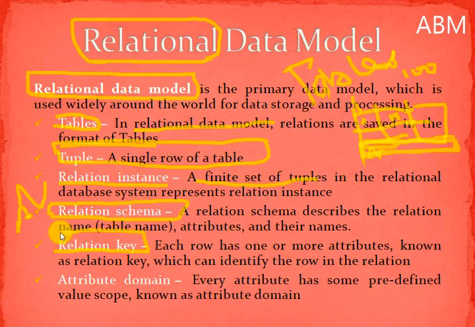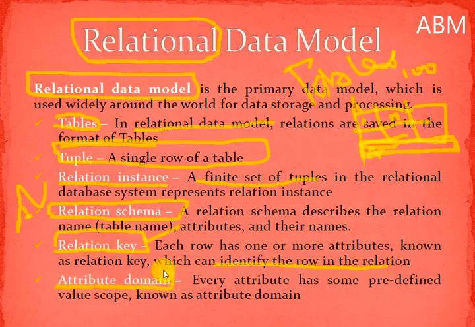Relational key, you can say, is a primary key which is used by the database engineer to identify any particular tuple, any particular row in the table or in the relation.